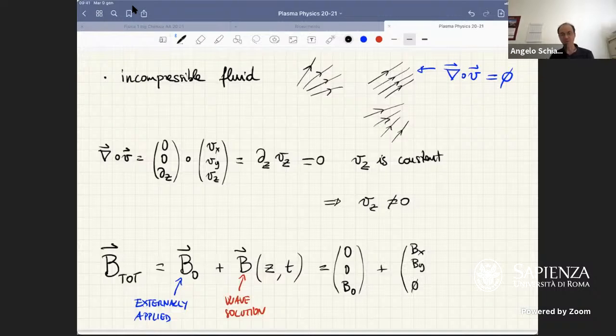So it's going to be a transverse solution. So it won't have a Z component. It will have just two components in the transverse direction with respect to the original B field.